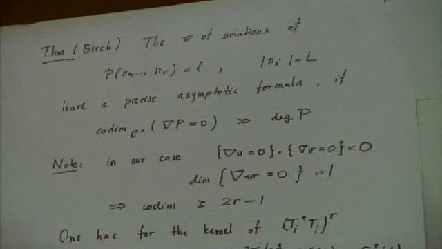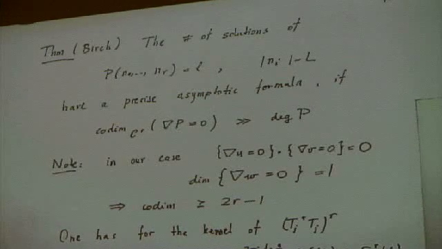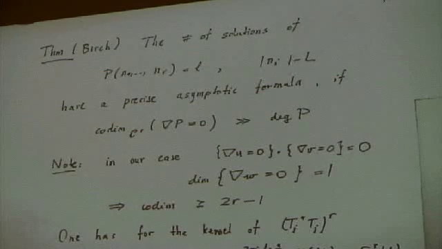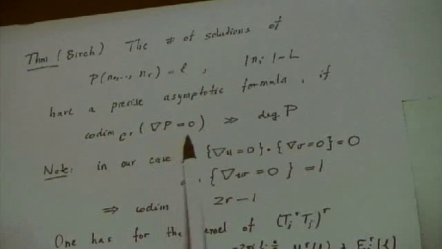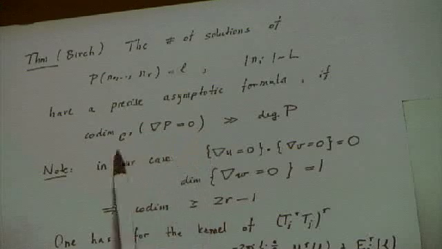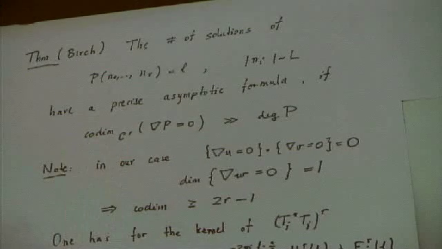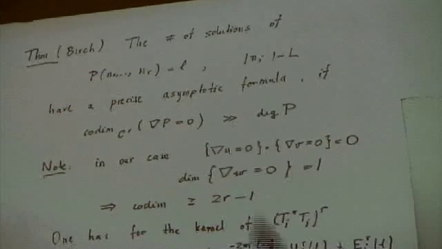The condition that the polynomial depends essentially on many variables is given in terms of the variety where the gradient of the polynomial vanishes in C to the R. If the codimension of that is very large with respect to the degree, I didn't want to really quantify that because in our case the degree of P is 3, then one can write out a very precise asymptotic formula for the number of solutions.